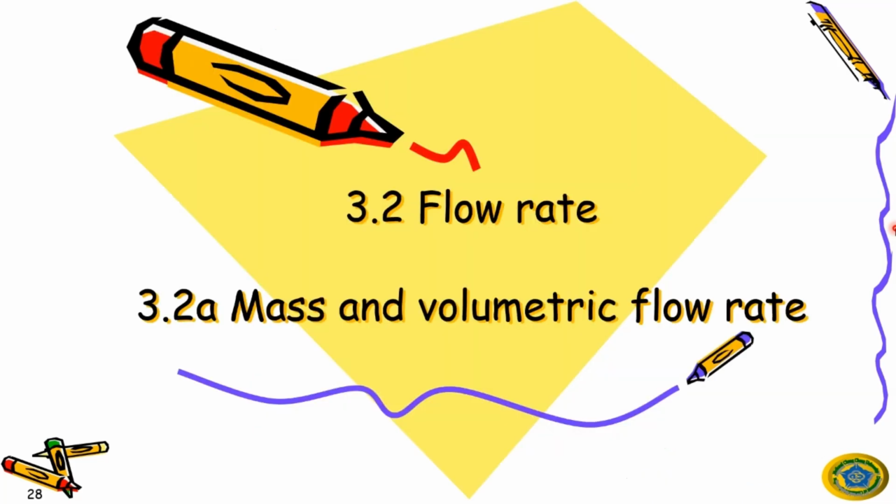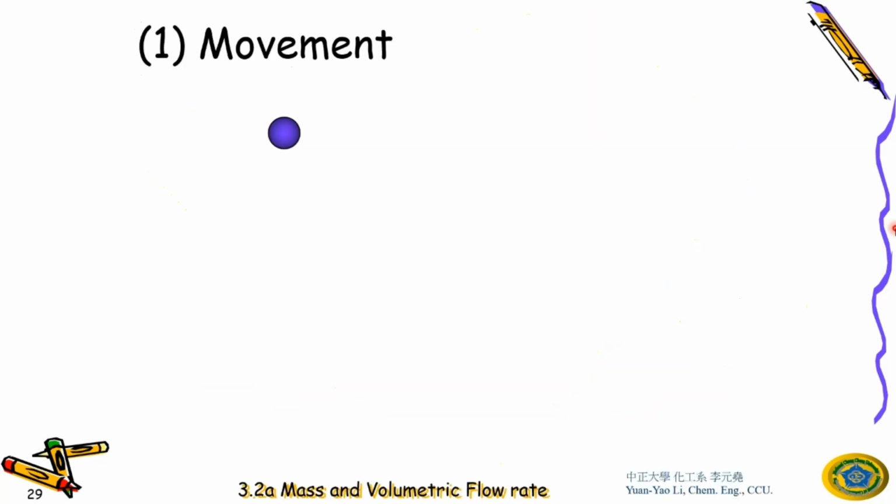Right. So let's go to section 3.2, flow rate. The 3.2a is mass and volumetric flow rate. The first question is, what does rate mean?